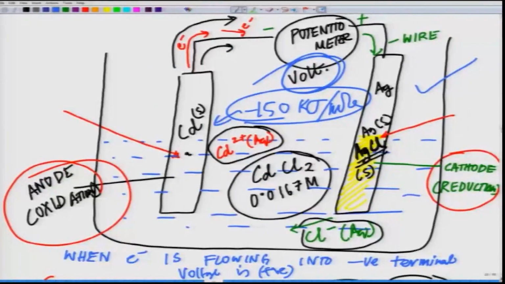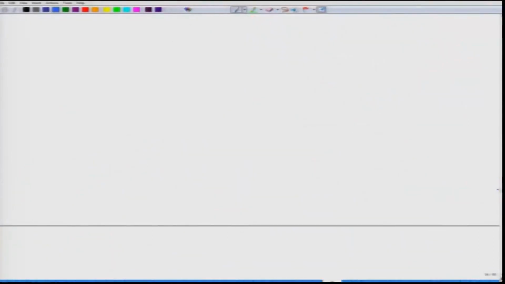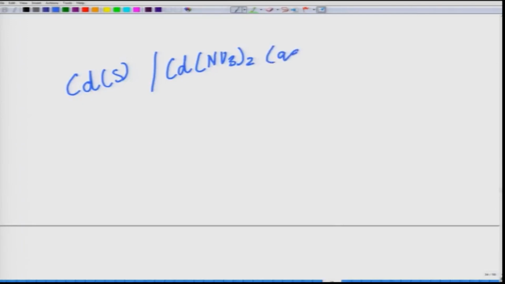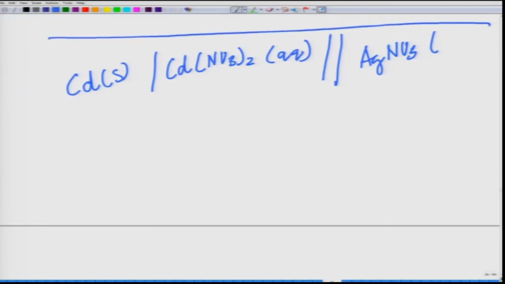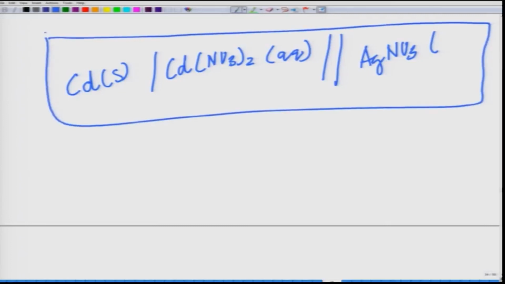Now, if we talk about the current reaction, then this will be Cd solid, Cd NO3 2 aqueous. Here is the salt bridge, AgNO3. Let us write the line notation for it: cadmium solid, cadmium nitrate.